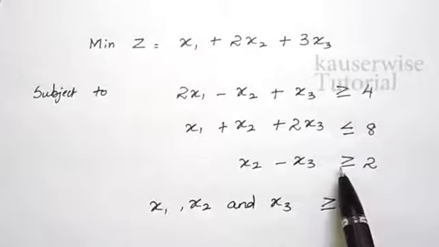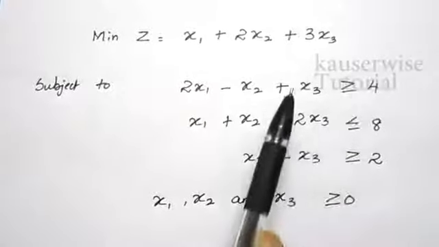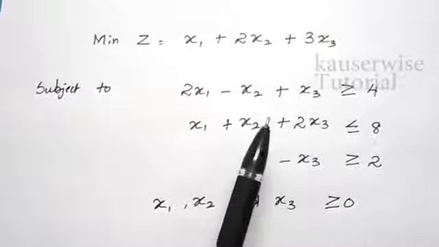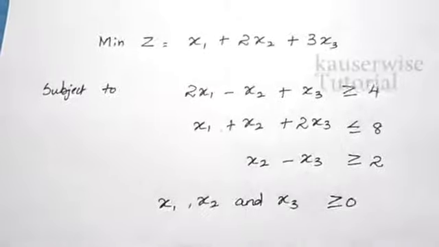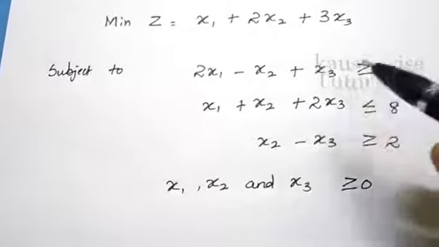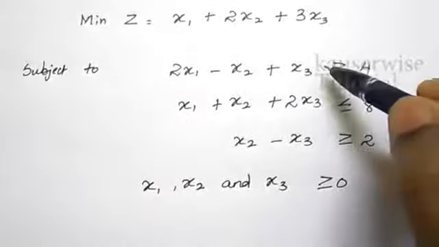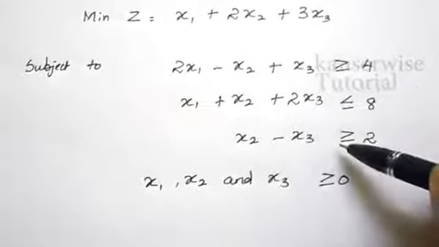We convert them by multiplying with minus 1. This is the first step. The second step is we need to add slack variables. Here we have three constraints, so we need to add S1, S2 and S3.